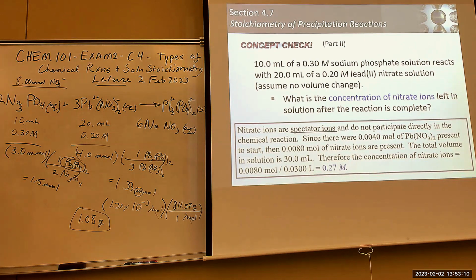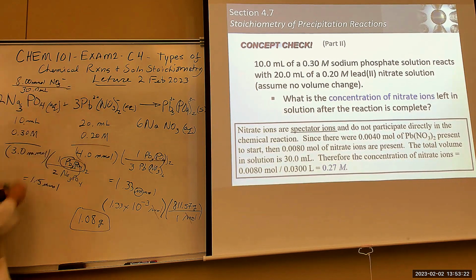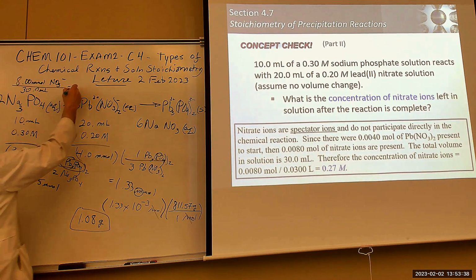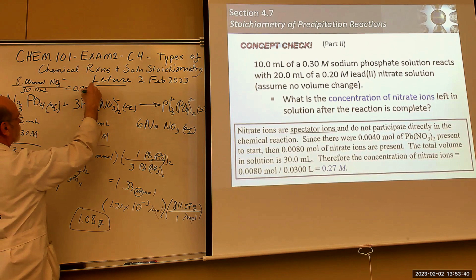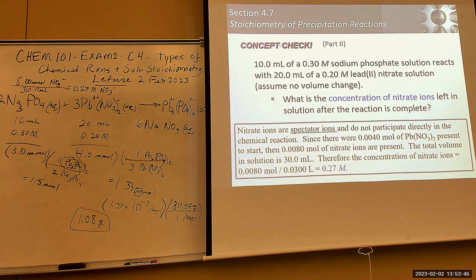Assuming the volume hasn't changed due to our reaction, the volume is 10 plus 20, which is 30 milliliters. Here's another trick. If you divide millimoles by milliliters, you get molarity. So 8 divided by 30 is 0.27 molar nitrate ions.